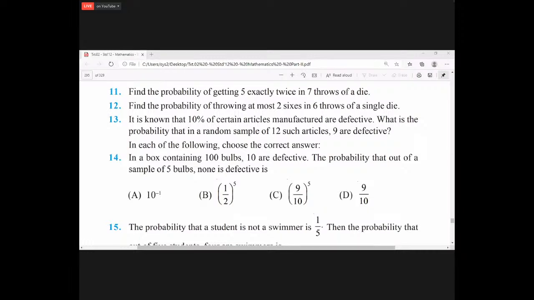Write down n is equal to 7 and observe what has been given as p.